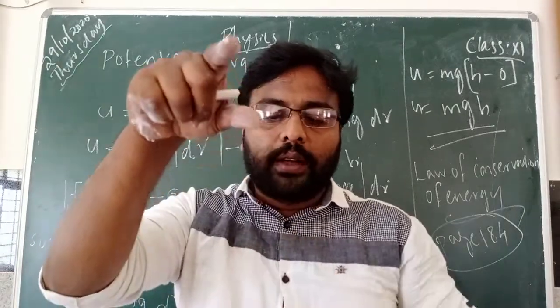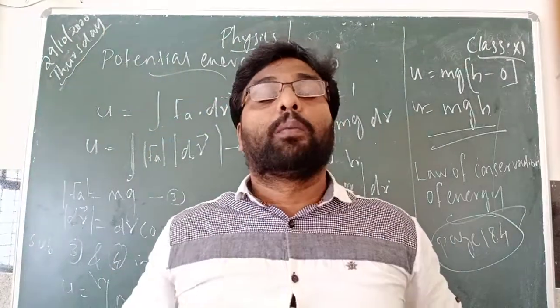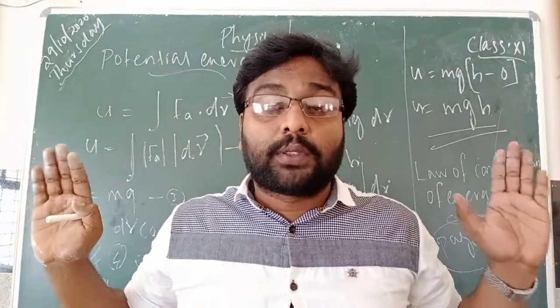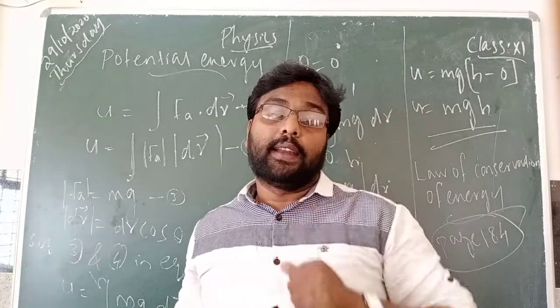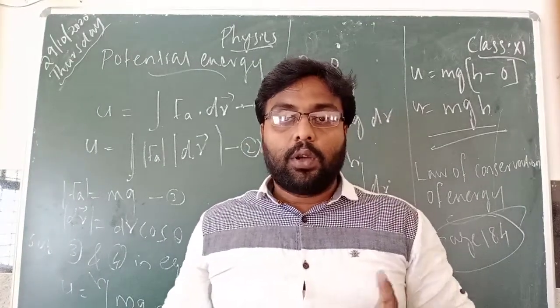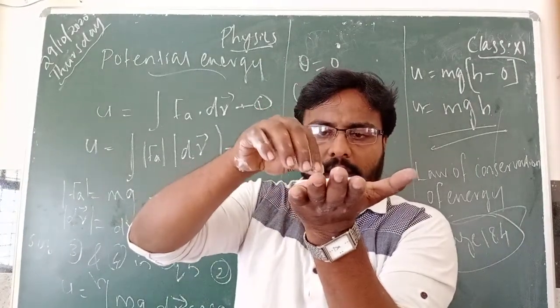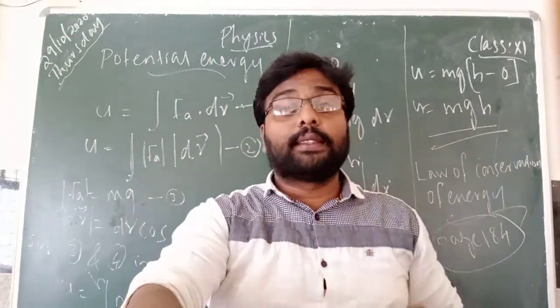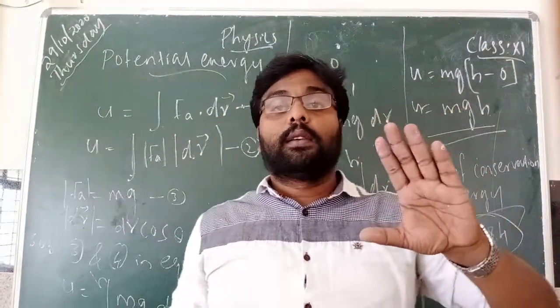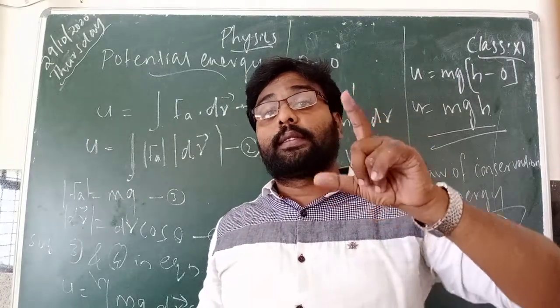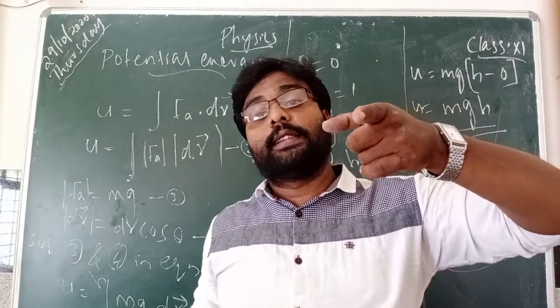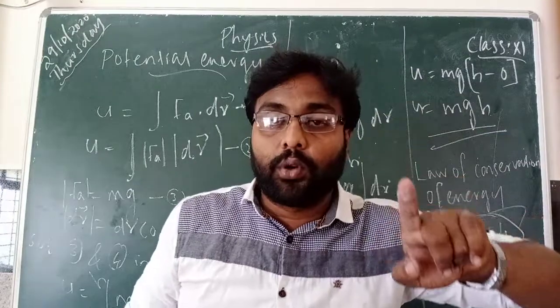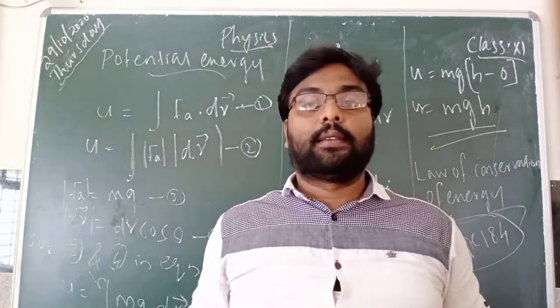When I am throwing it down, it is moving. Moving means what type of energy it possesses? Kinetic energy. So first potential energy, when it moves, kinetic energy. That means potential energy is changed to kinetic energy.